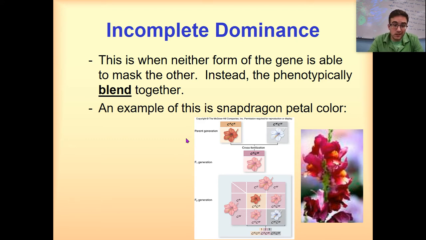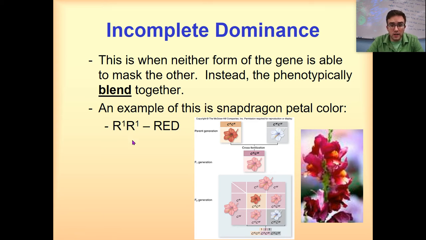Snapdragon petal colors down here are an example of that. We see pink and not red or white. How we write them is kind of different. Because we don't know which allele is dominant over the other, since it's incomplete, we use this system here, where we use R to represent the gene that codes for flower petals, and then we just use 1s and 2s to represent the different versions of it.